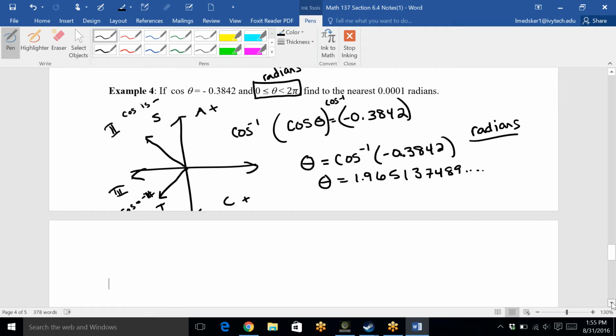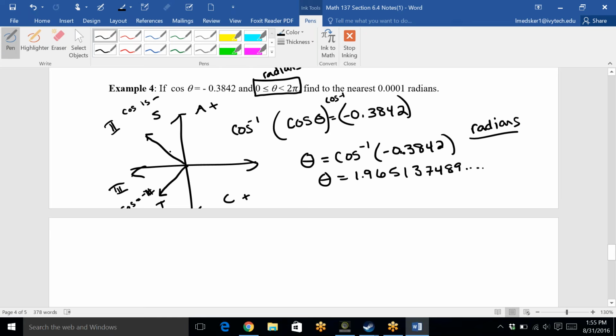So now we have to discuss how we get solutions from this. In this quadrant, our theta reference would be from here to here, and in this quadrant, our theta reference would be from the line that I just sketched in to the x-axis. Essentially, both of these are related to 180 degrees, but for us, that is pi when we're talking about radians.